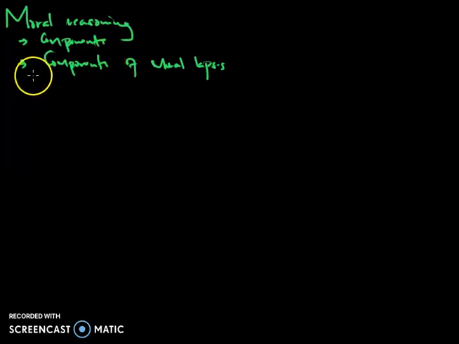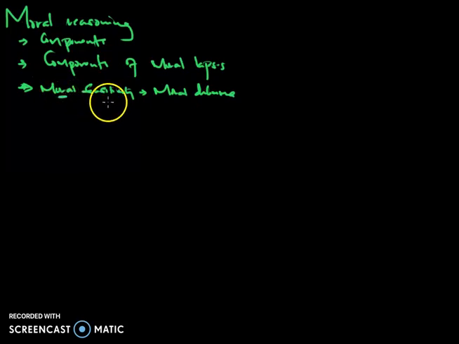So the main components of moral reasoning are as follows. The first one is what we call moral sensitivity, your sensitivity to the existence of a moral dilemma. There are people who will be presented with an event and will not see any moral dilemma in it because they are not morally sensitive to an ethical issue in it.